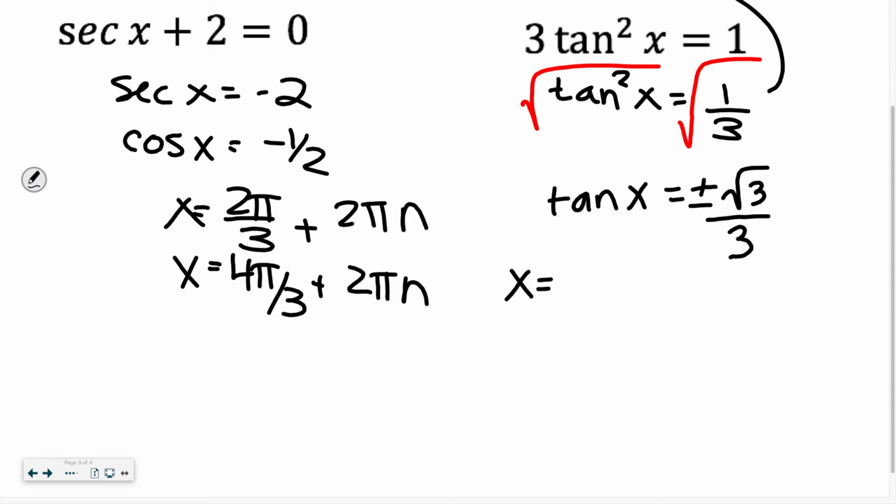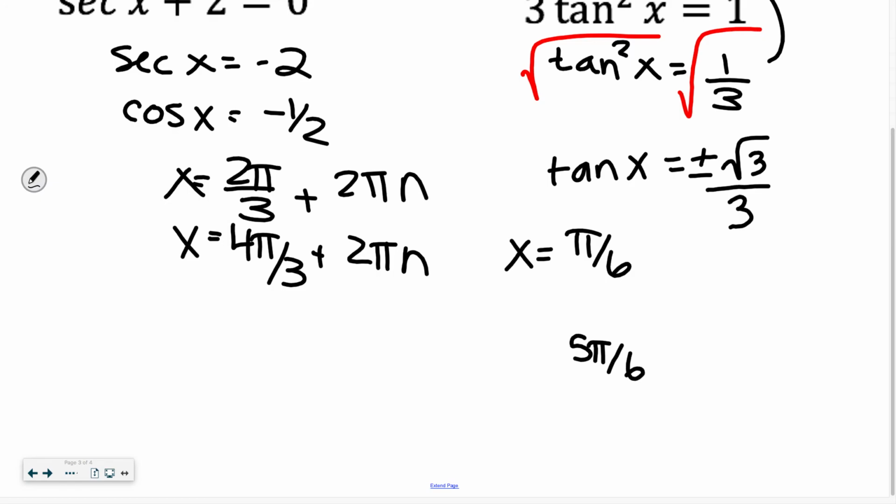Think about those first quadrant tangents. That's the pi over 6. Yep. So pi over 6. So the other one that would have the positive square root 3/3 would be 7 pi over 6.